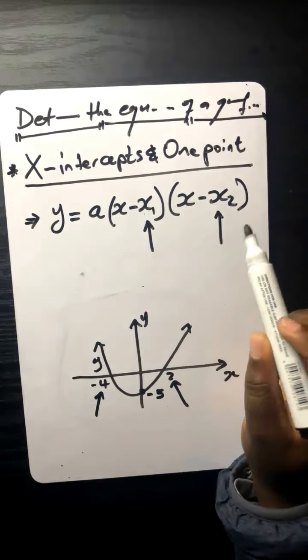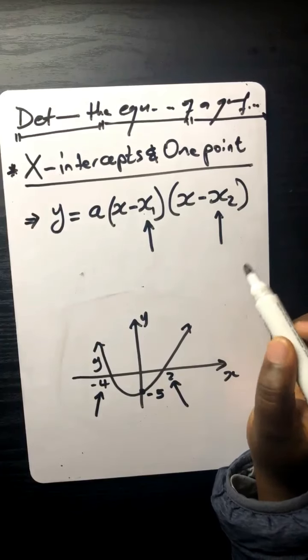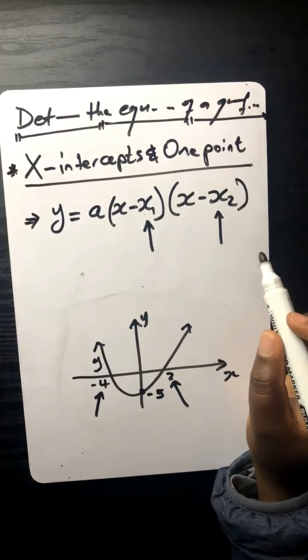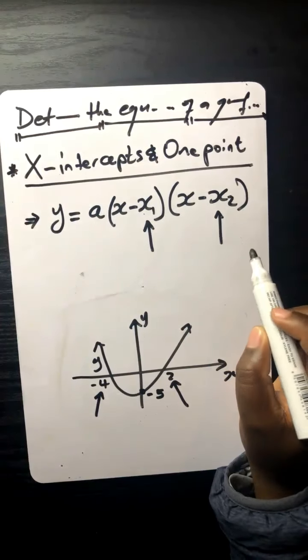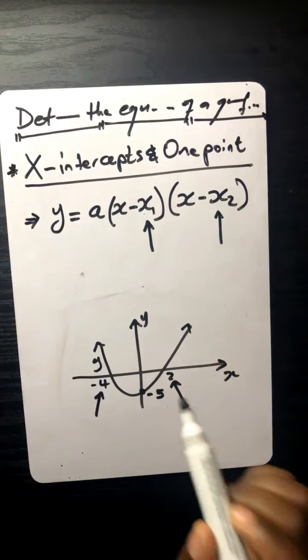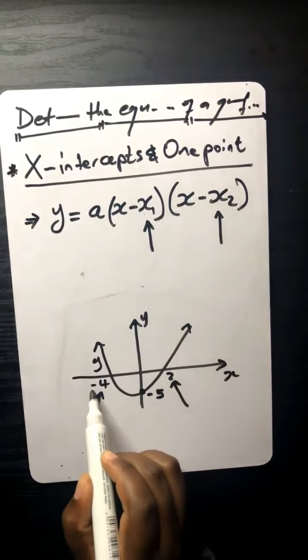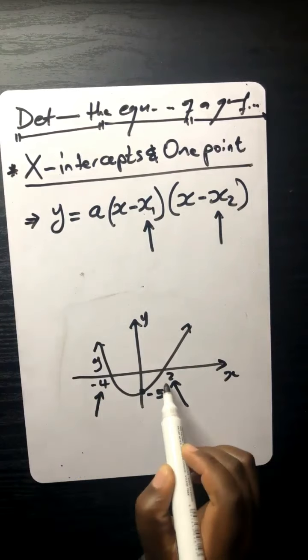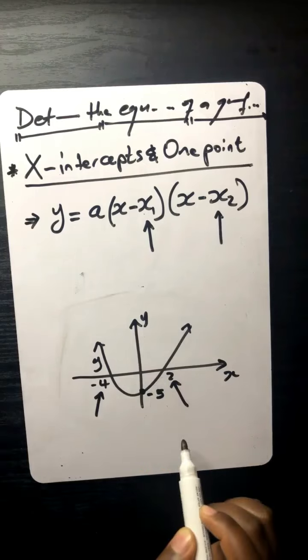Okay, so I will explain that one. Hopefully, on the next problem that we'll be solving, you will confidently answer that question. So in this case, x1 and x2 refer to the x values. This is our x1, this is our x2.